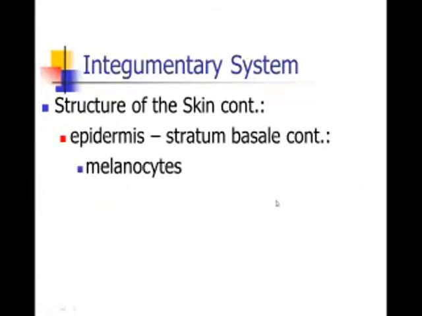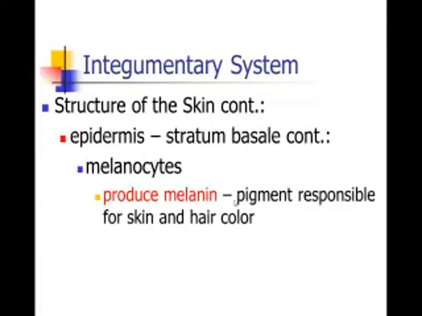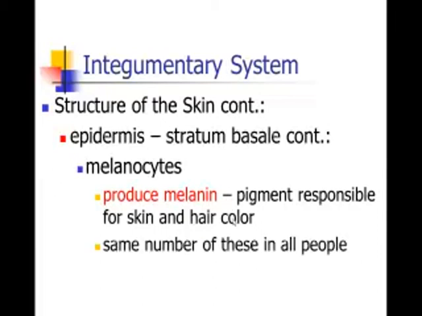Melanocytes. Melanocytes are important. They have melanin associated with them, which is pigmentation. And these cells are responsible for the color of your skin and the color of your hair. And melanin is a brown pigment, and there are different degrees to how much of this pigment is actually produced.